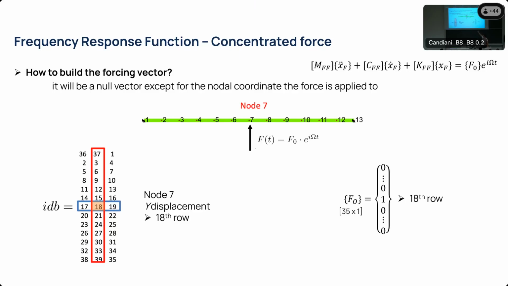We know also that the external force is only applied to the vertical displacement of node 7, and thanks to our IDB matrix, we know that the vertical displacement of node 7 corresponds to the 18th row of our free vector. So the input vector of our structure will be a vector with a lot of zeros, save for the 18th row, which corresponds to the vertical displacement of the middle node of our structure.